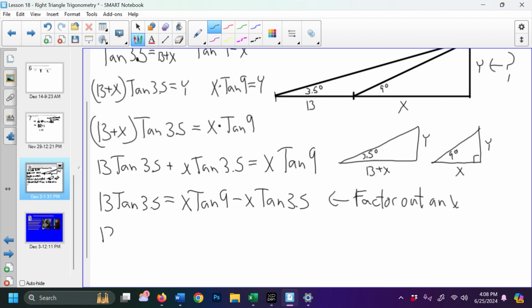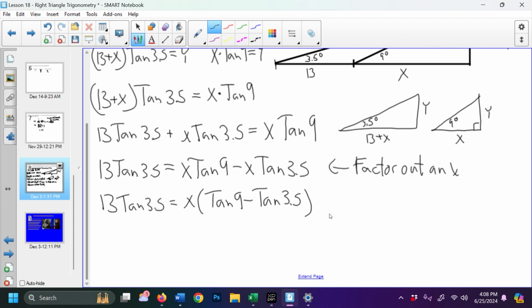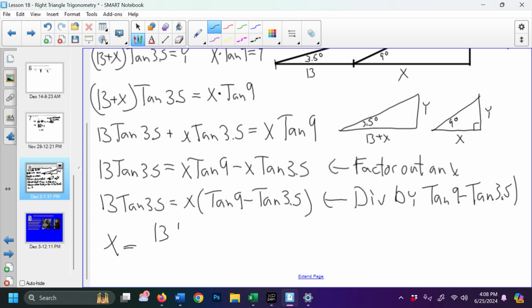And so I'll have 13 tangent 3.5 is equal to x times tangent 9 minus tangent 3.5. I've just factored an x from both terms. And here I will divide by this expression, tangent 9 minus tangent 3.5. And that'll give me x is equal to 13 tangent 3.5 all over tangent 9 minus tangent 3.5.